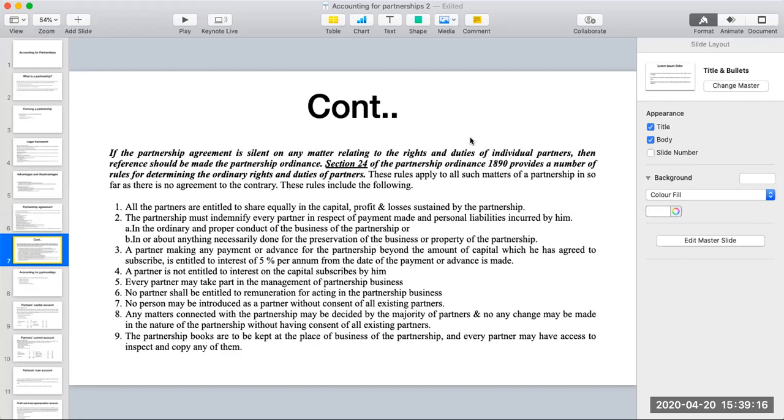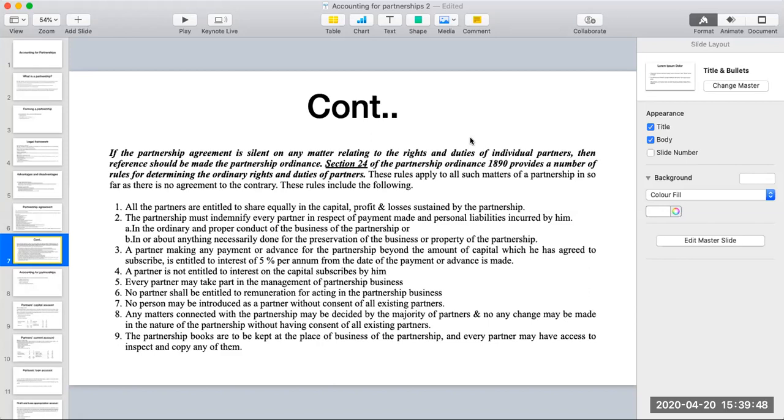Even though the ordinance stipulates that there is no interest on capital, the partners can include a sentence in the partnership agreement saying that the partners are allowed interest on capital amounting to a certain percentage. That can happen. But if the agreement is silent on that area, this is the rule that is going to apply.